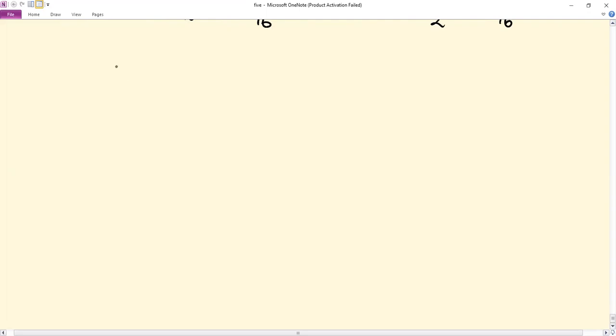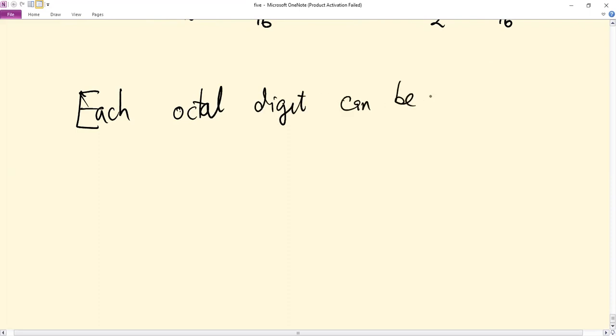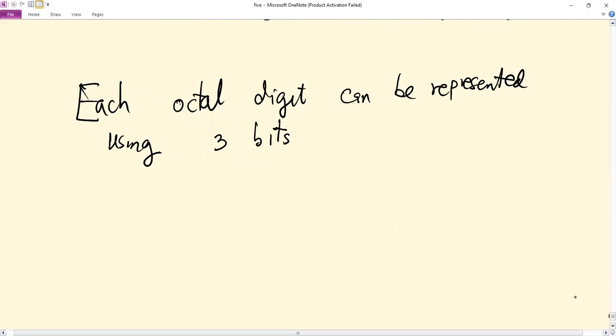And then another thing, each octal digit can be represented using 3-bit strings. Now, let's define what we call a byte.